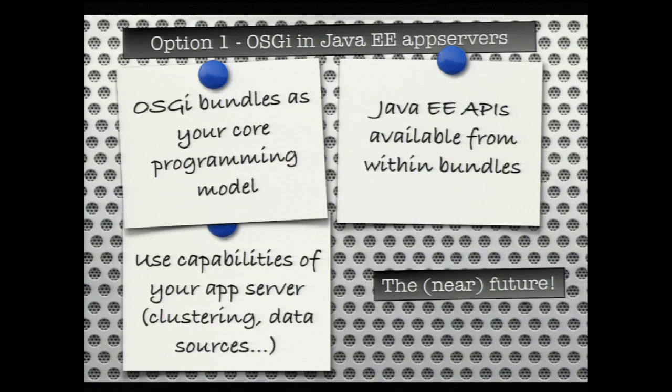So far you didn't really see that as an application developer. That was just the way Glassfish was implemented internally. What they started doing recently is to expose those Java EE APIs, for example the EJB API and the JPA API, as OSGi services.